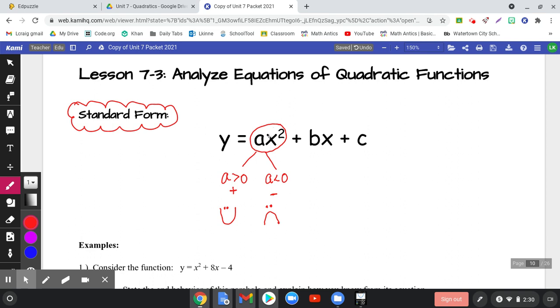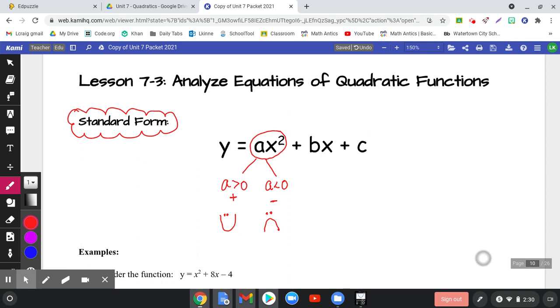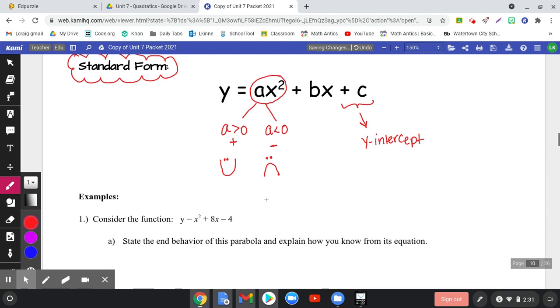So you can tell whether it's concave up or down just looking at that. The other thing that you can tell is based on your constant, this is your y-intercept. Okay? There's some other things that we can do as well, but let's look at an example to do that.